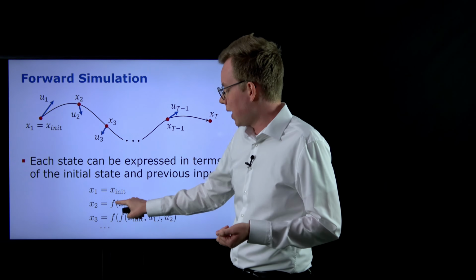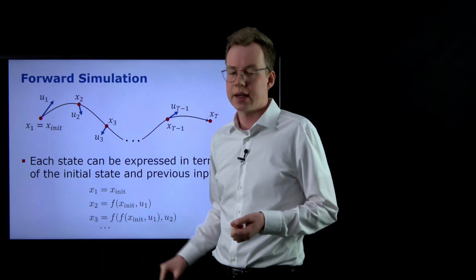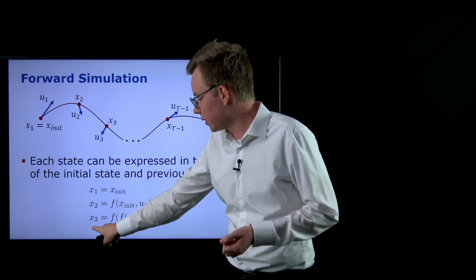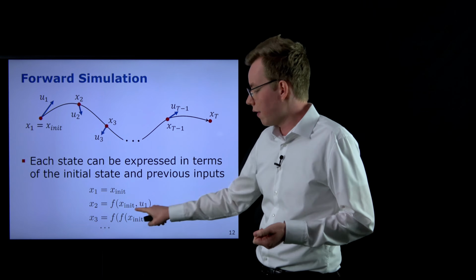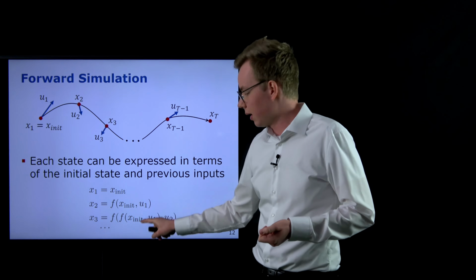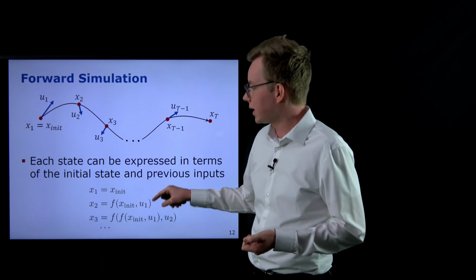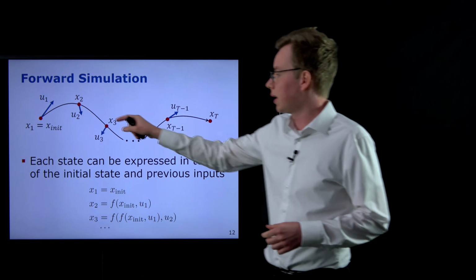And so we can apply f on the initial state with the first input, and we get the second state. And we can do that recursively, so we can do it again for x3. We just apply f two times, where the inner f takes the initial state and applies the first input, and then the outer dynamics take that resulting state, which is now x2, and applies u2. And so we can do this one after another.